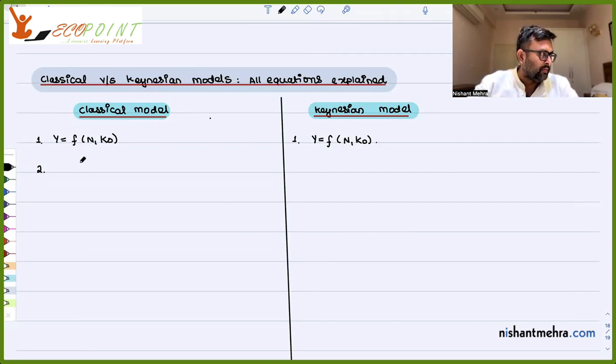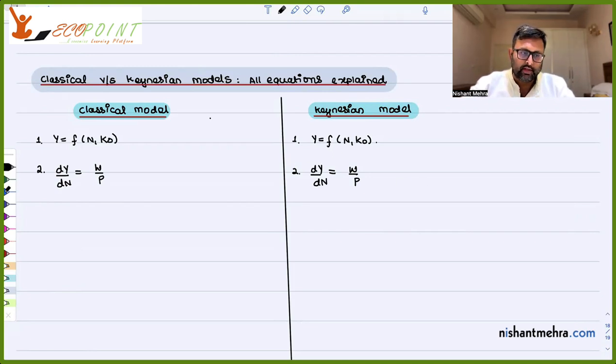Then, how do you get the labor demand function? That is also the same in both. You will be demanding labor till the point where the marginal product of labor is equal to the real wage. So dy by dn equals w by p in the classical model, and dy by dn is equal to w by p in the Keynesian models also.